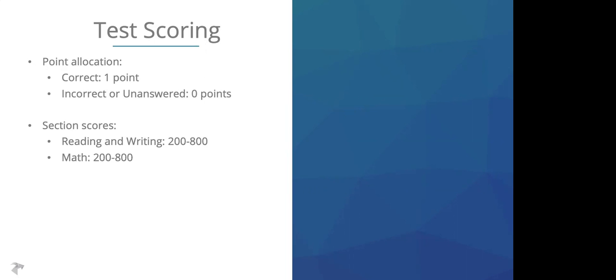Basically you get a reading and writing score, which are combined into one score ranging from 200 to 800, and then the math score. So you'll get reading and writing subscores, and then a combined score, and then a math score. And you'll also get a total score, which is going to range from 400 to 1600.